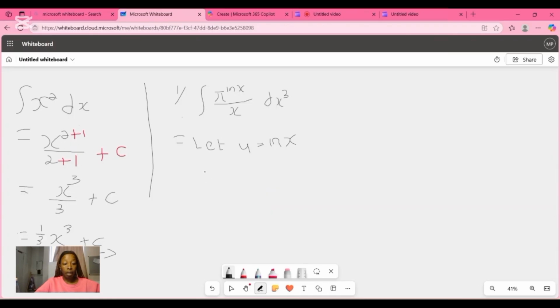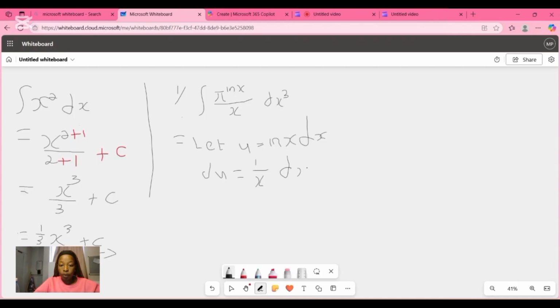Then our du, differentiating ln x, the derivative of ln x is equals to 1 over x dx.